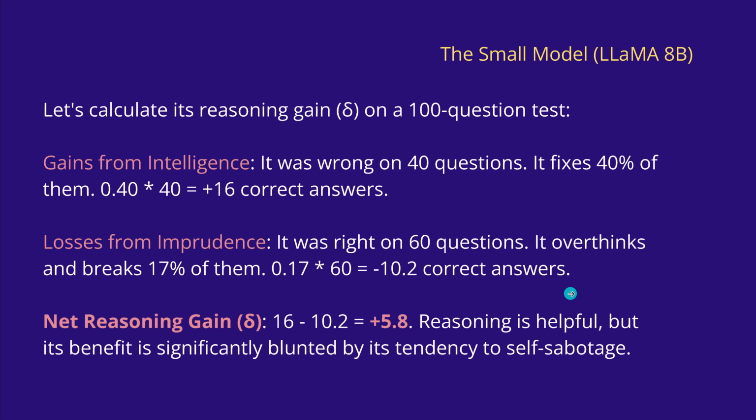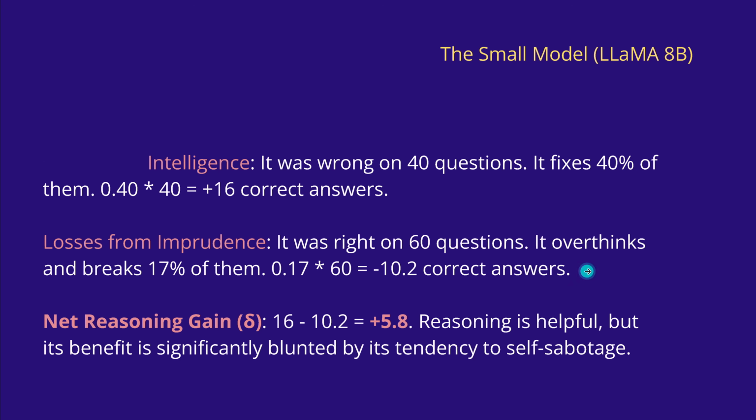So reasoning is helpful here, but its benefit is significantly blunted by its tendency to self-sabotage, to self-correct itself, but in an incorrect way. So this is interesting, that we have this specific data on the Llama 3 model. It is really interesting to know the rates, the gains from the intelligence and the losses from the incorrect corrections.